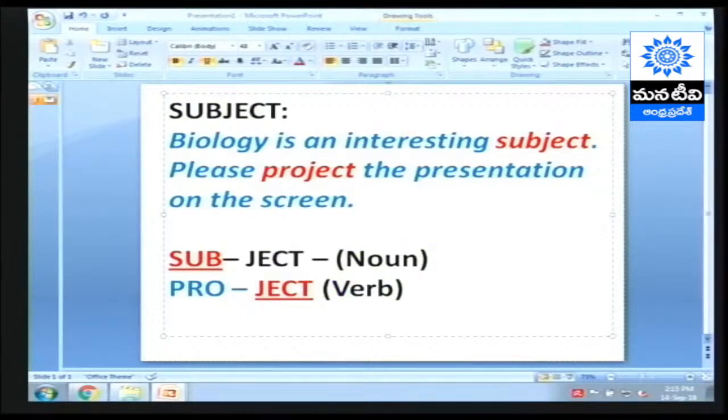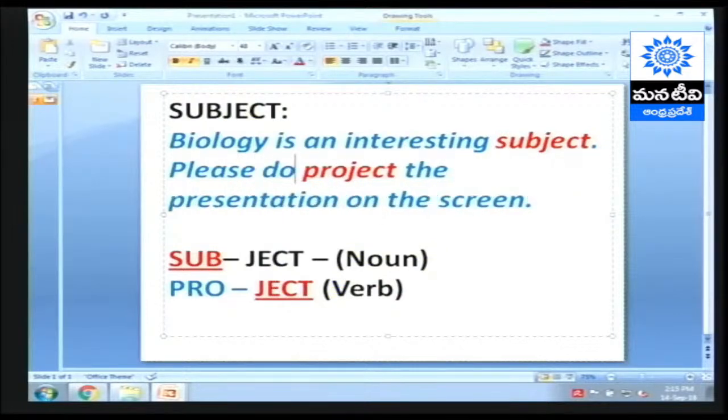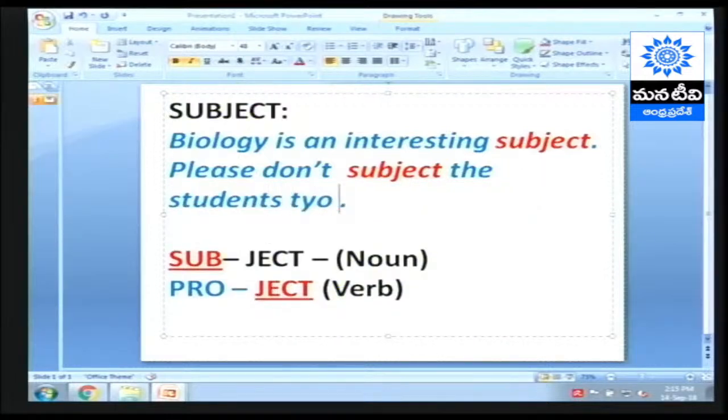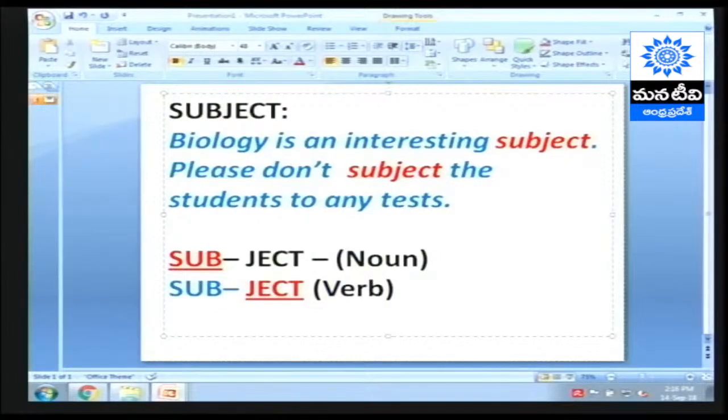I'm stressing on the first syllable. Okay. Now, I'm using another example. Please don't subJECT the students to any tests. So here my stress has moved to the second syllable.